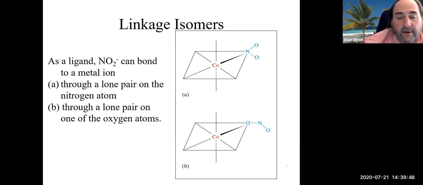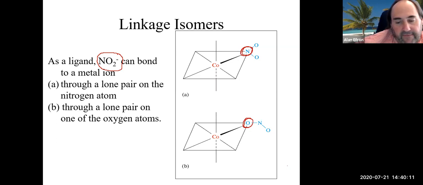So these are all basically the same things. They both have this ligand here, the NO2-. In the top case, the actual atom that is binding to the metal is the nitrogen, while in the bottom guy, he is using an oxygen to do the binding.